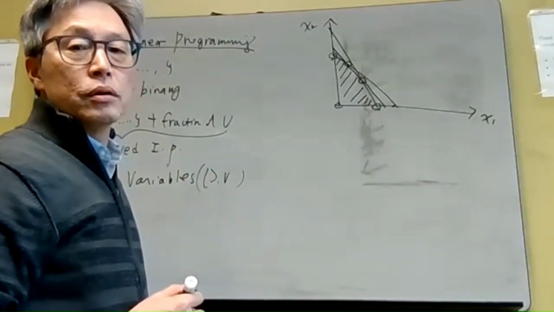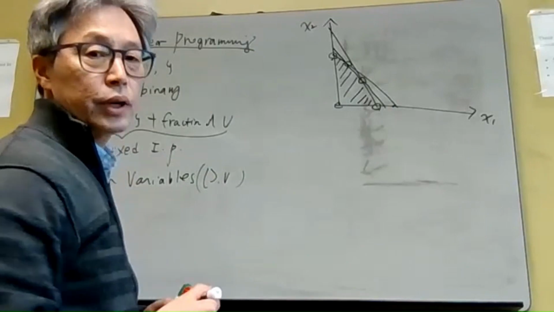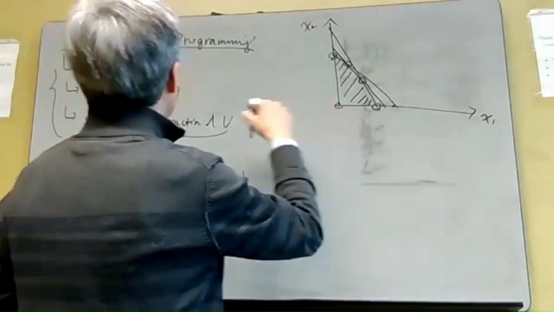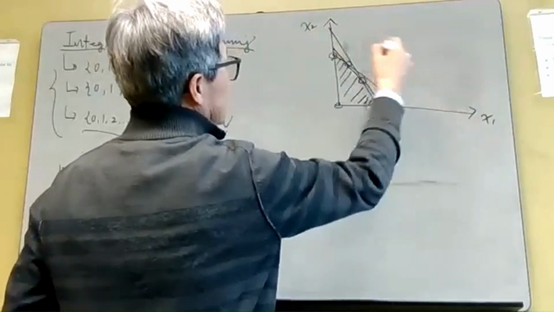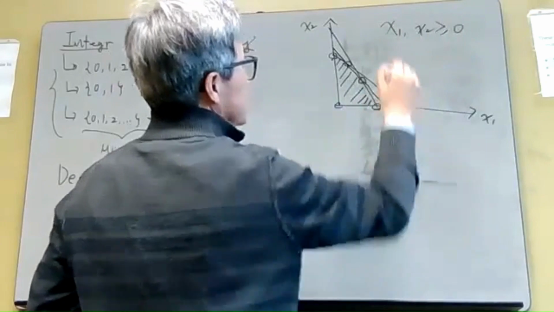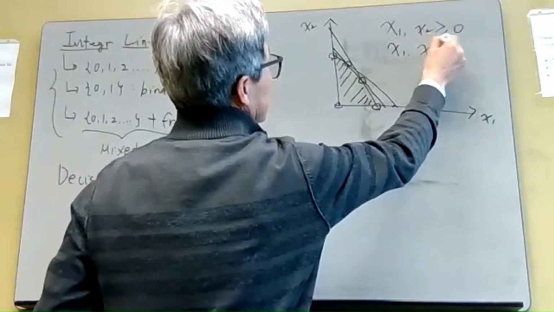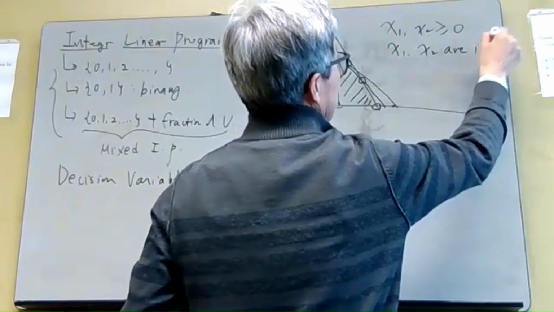And we're going to add an additional constraint called the integrality constraint. So let's say x1 and x2 should be positive. Now x1 and x2 are integers.